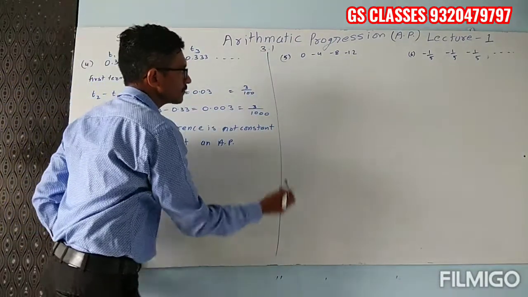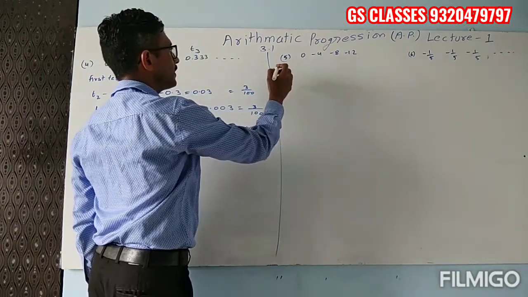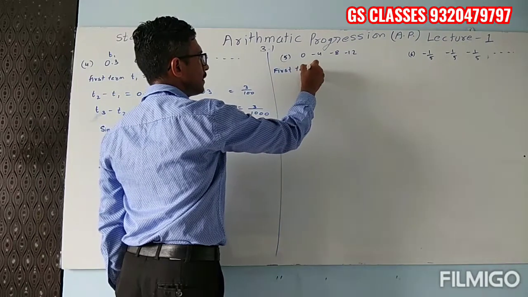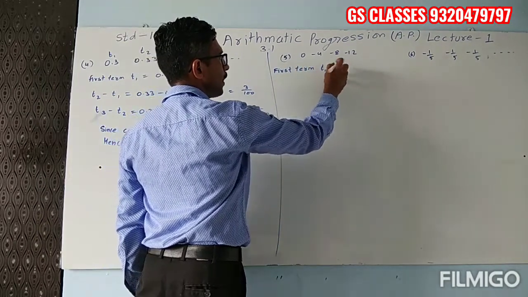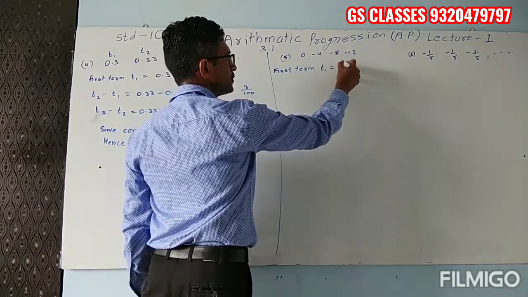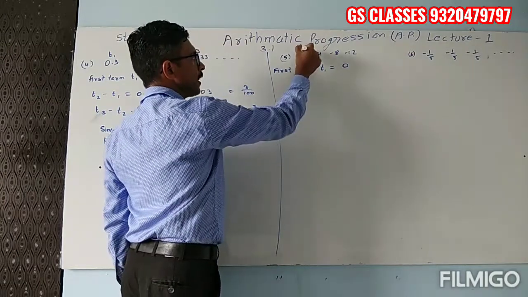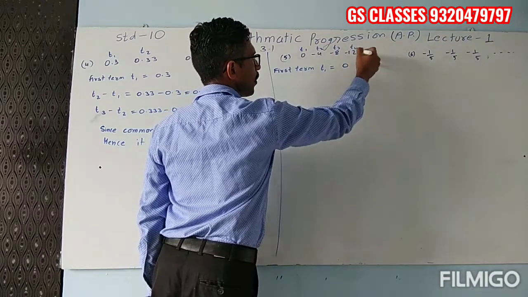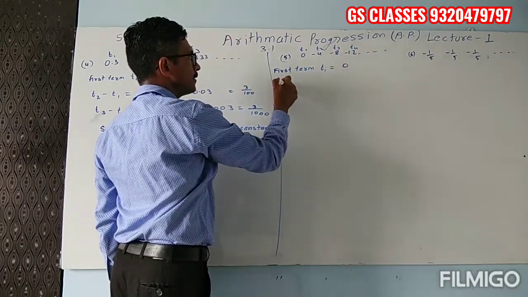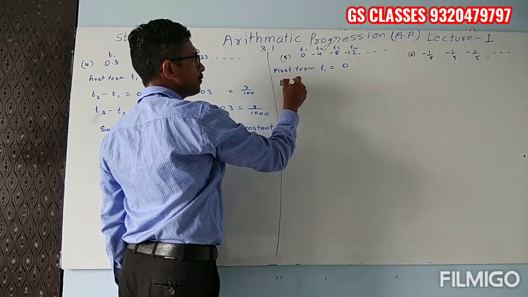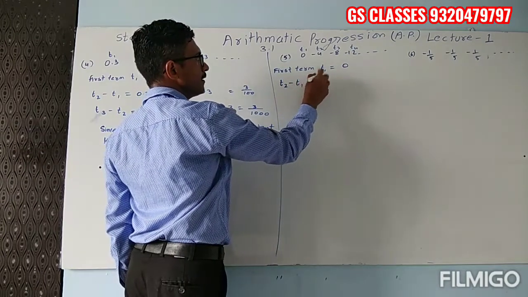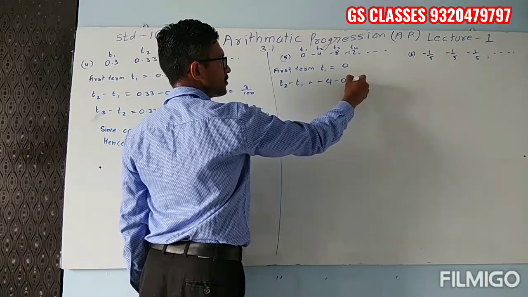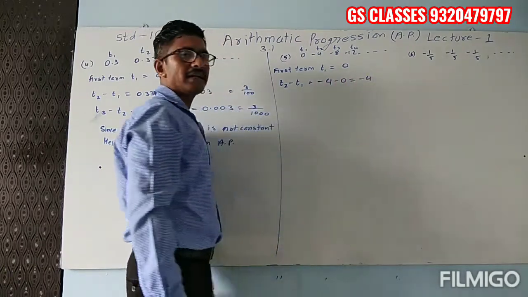Again we will write here first term T1. What is the first term? 0. Now T1, T2, T3, T4 and so on. Now write here T2 minus T1. Take T2 which is minus 4, minus 0. Answer is minus 4.